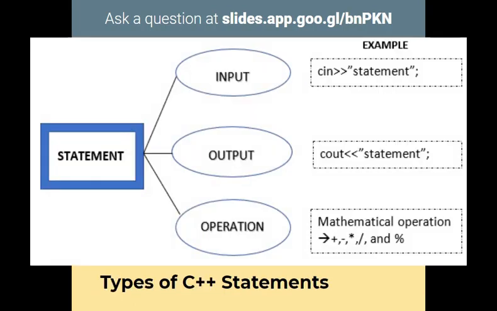Now let's talk about the types of C++ statements. There are three categories: input, output, and operation.